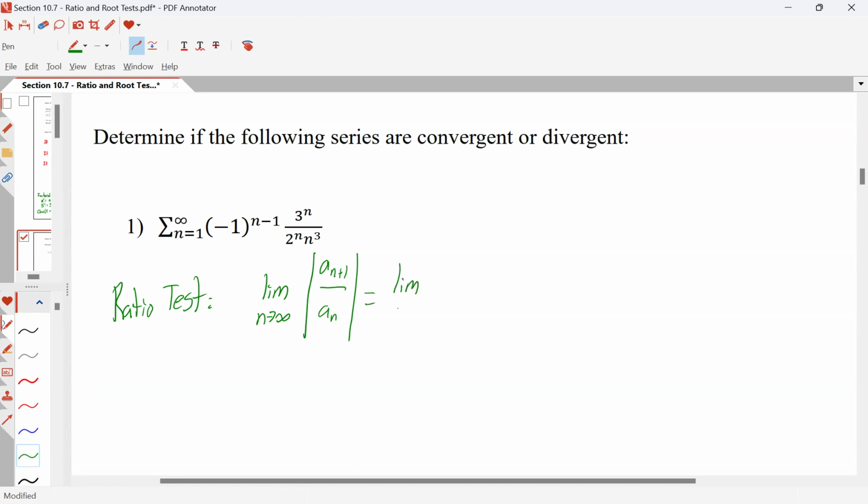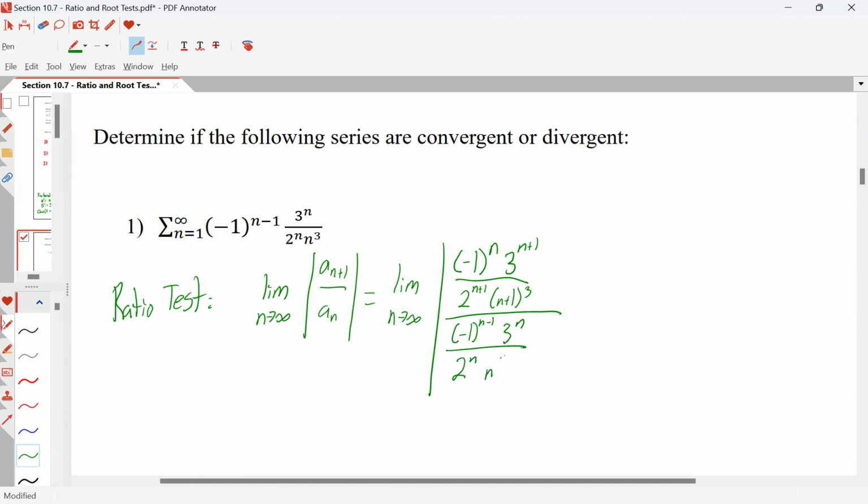So, filling that in, adding 1 to all of these n's, we would have -1 to the n minus 1 plus 1, it's just n, times 3 to the n plus 1, over 2 to the n plus 1, n plus 1 cubed, all over a sub n, which is just our sequence as it is, -1 to the n minus 1, 3 to the n, over 2 to the n cubed.